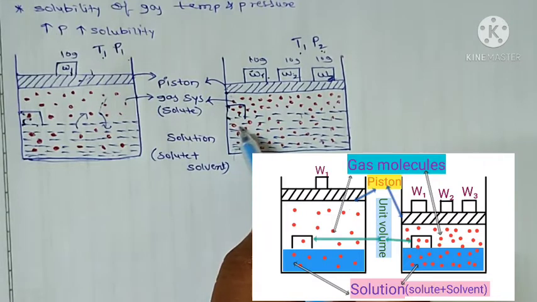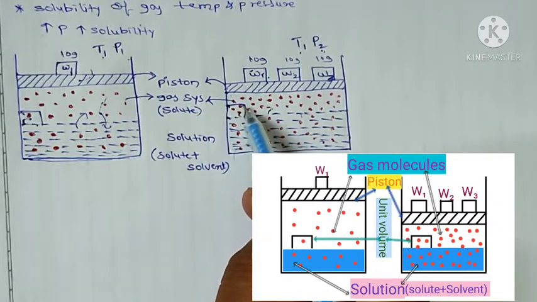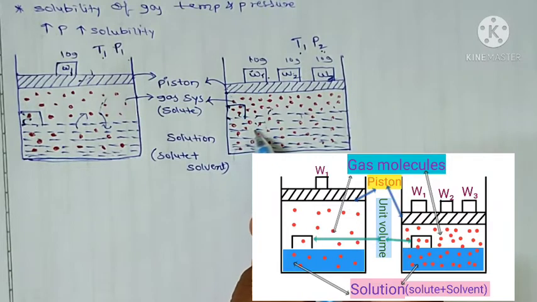Now increase the pressure over the solution. It will increase the number of gas molecules per unit volume over that solution, and also increase the rate at which gas molecules strike the surface of the solution to enter into the solution.